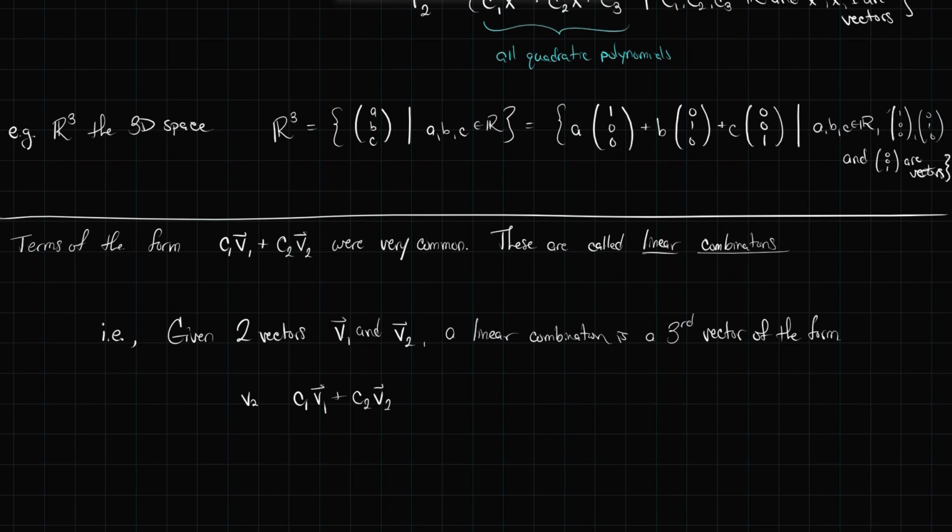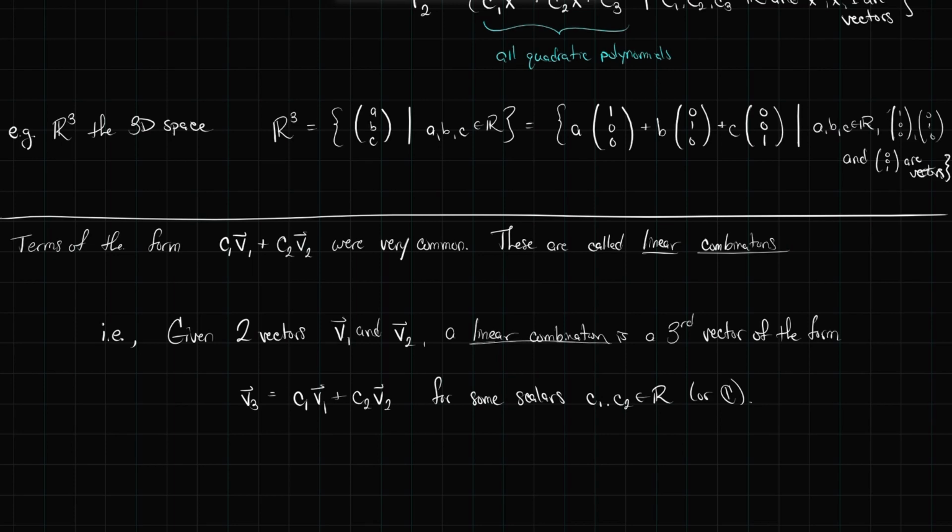So I should say v3, which takes the form c1 v1 plus c2 v2 for some scalars c1, c2, and r, or c. That's a definition of linear combination.